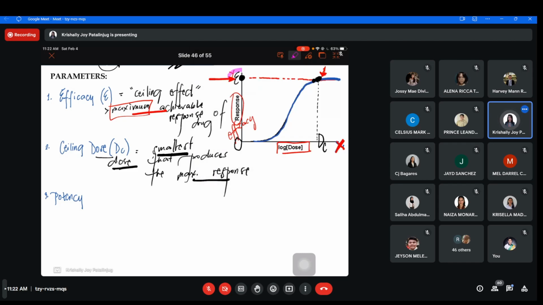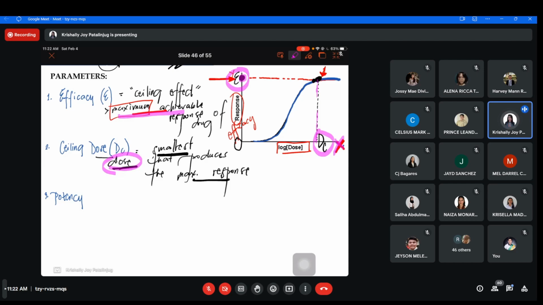Again, let me highlight. If this is the efficacy, this purple encircled part, the maximum response achieved by a drug, then for dose, the x-axis should be your baseline. Okay, so from its maximum response, you plot it down, then that's the ceiling dose, the smallest dose that produces the maximum response.